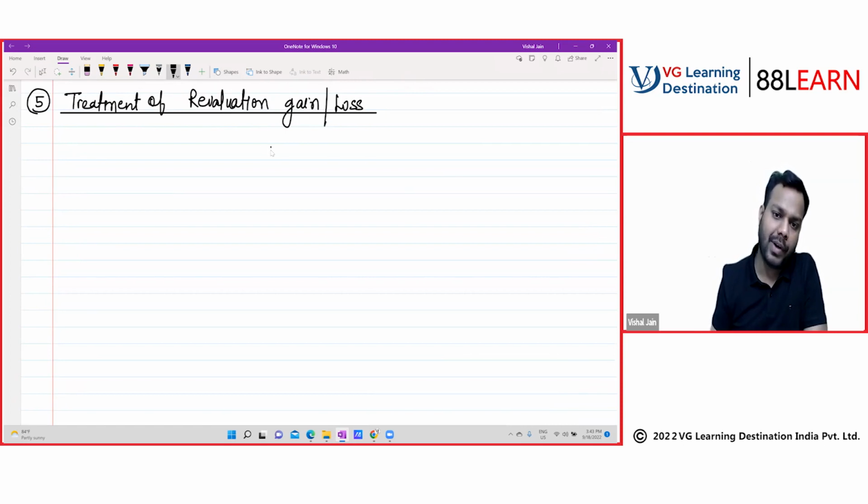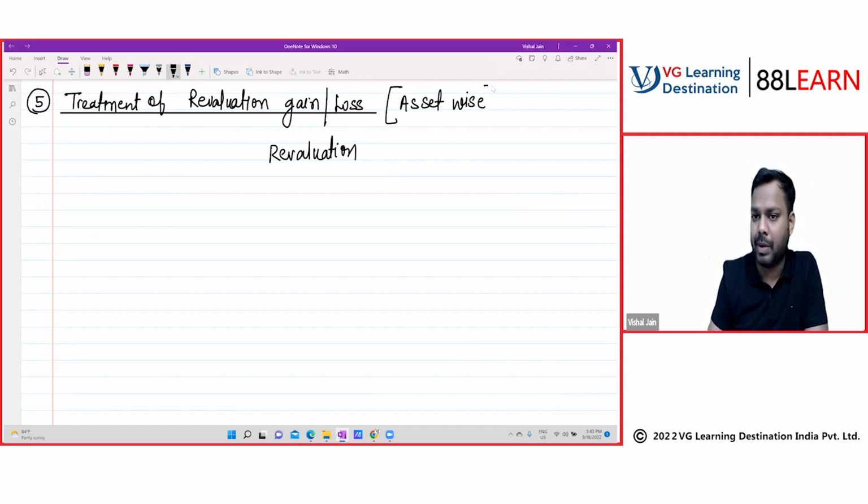We did a revaluation. Understand, this is asset wise. I'll explain what is the impact of the term asset wise. I'll definitely explain that to you guys, but just allow me some time. First, allow me to explain the meaning of everything, and then I'll discuss this as well.